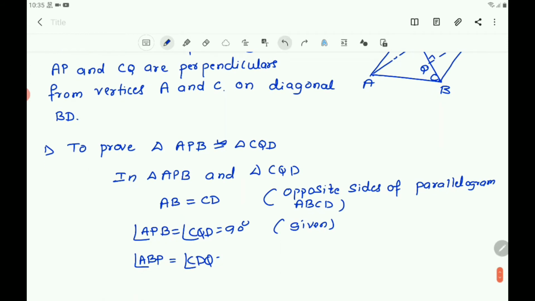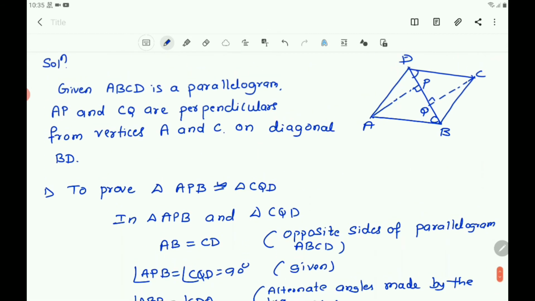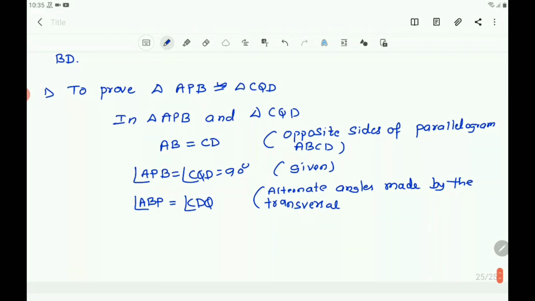The reason is that they are alternate angles made by the transversal DB of AB parallel to CD.